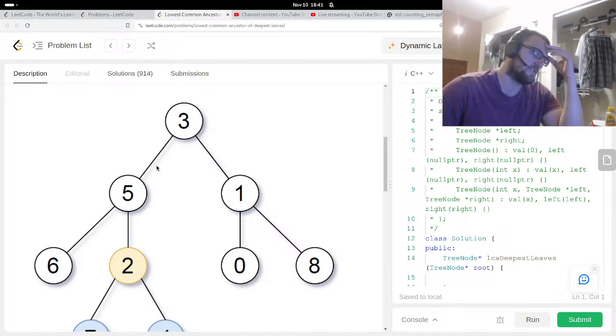If both subtrees don't have the greatest depth, then you can do it that way. That's how I did it the first time. Actually, it's a pretty good way of doing it. You basically stop when both subtrees have the greatest depth.